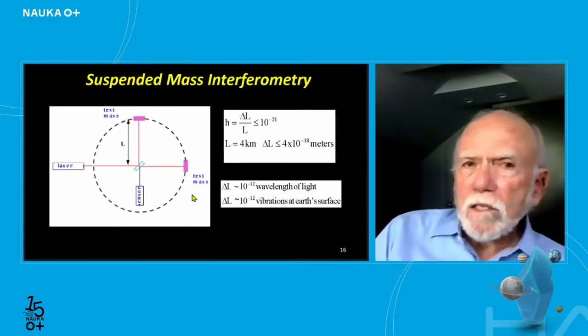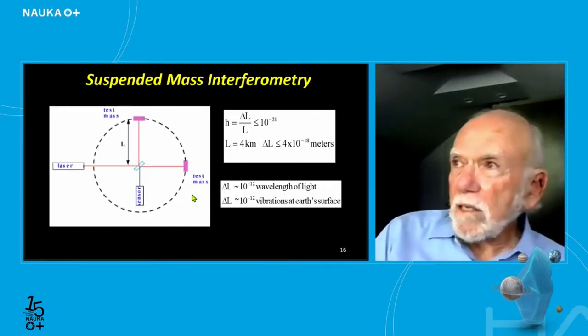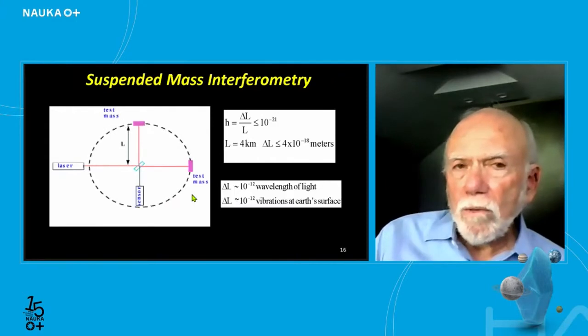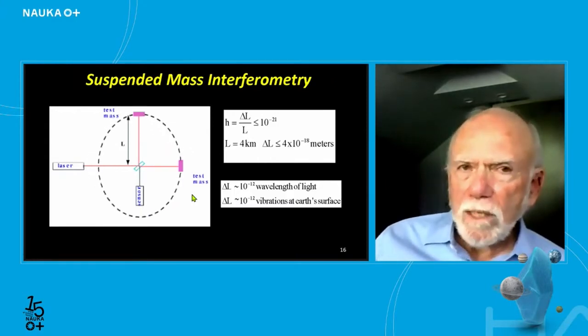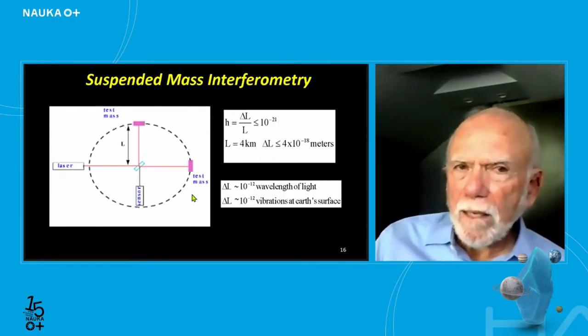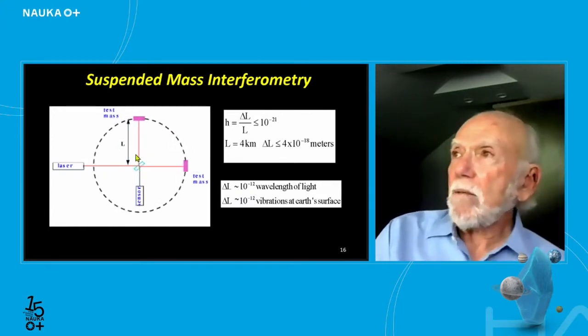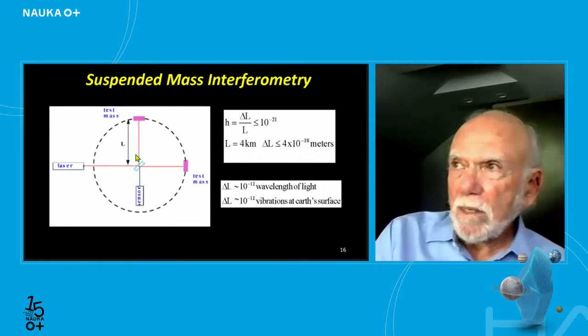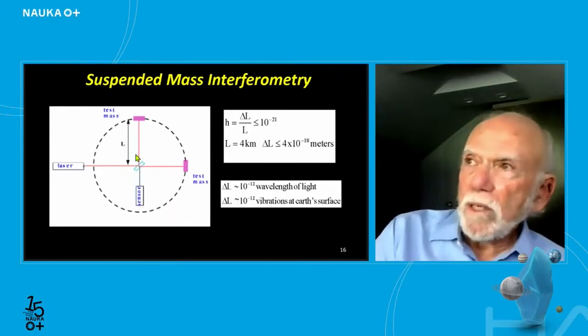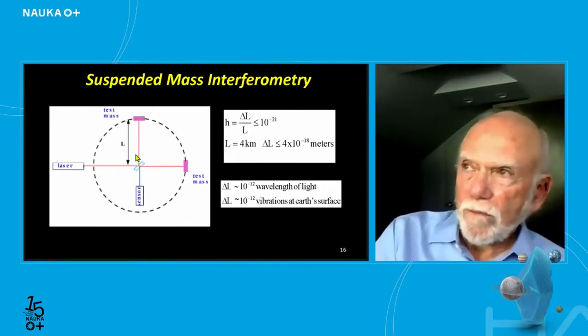If the two lengths are exactly the same, the split light will go to one end and the other end, come back to the same place where it was split in the central mirror, and they'll arrive at exactly the same time. If I invert one compared to the other, they'll cancel perfectly.